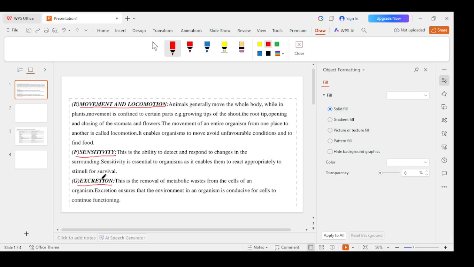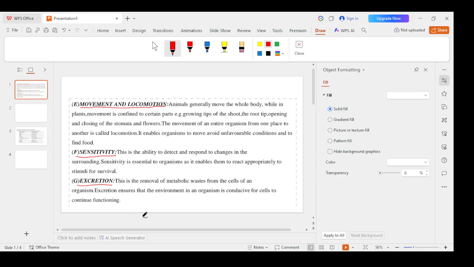Because it is an unwanted product in the body. We also have the skin that removes water and salt through sweating. When you are running, you sweat. Your body allows the sweat to go out. That is excretion.